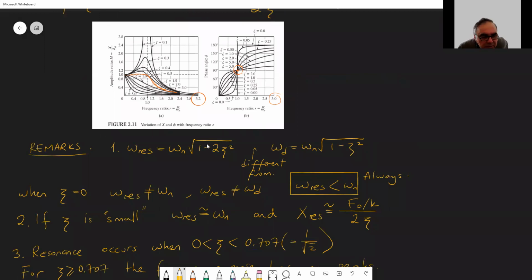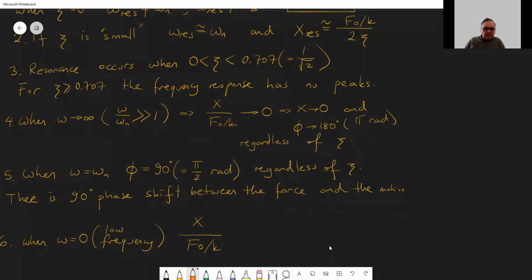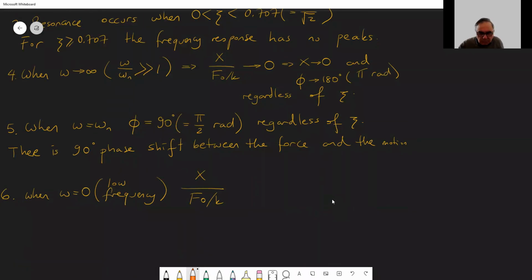This is where we are. Okay. You see that all of the curves start at 1. And you can find that in our equation also. So X over F0 over K equals 1 and phi equals 0 degrees.